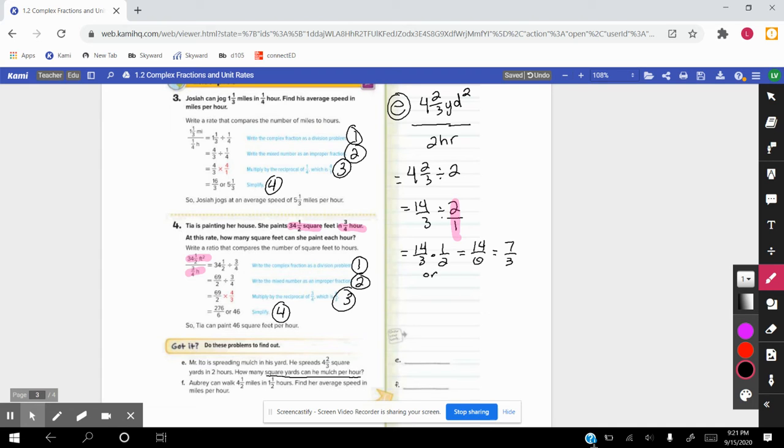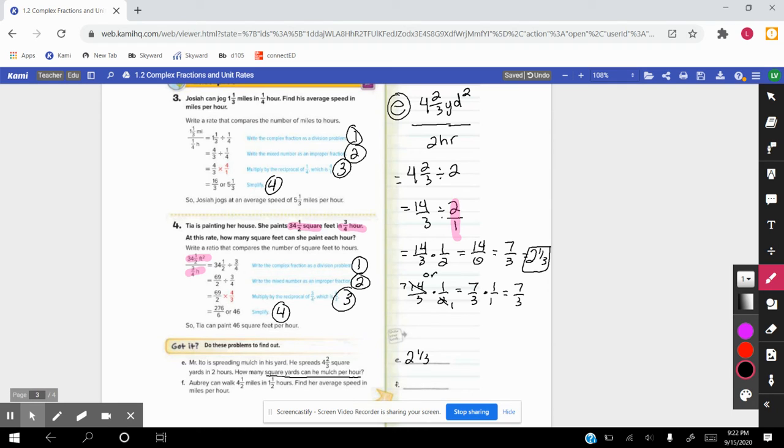Or if you had 14/3 times 1/2, you can cross reduce. So I can take a 2 out of 2 and 14, and that leaves me with 7/3 times 1/1, which is 7/3. So you can leave your answer as 7/3, or that also equals 2 1/3. So I'm going to write my answer down here, 2 1/3.